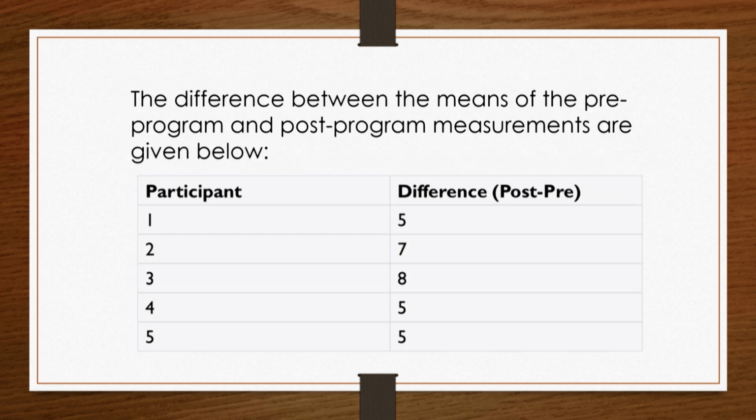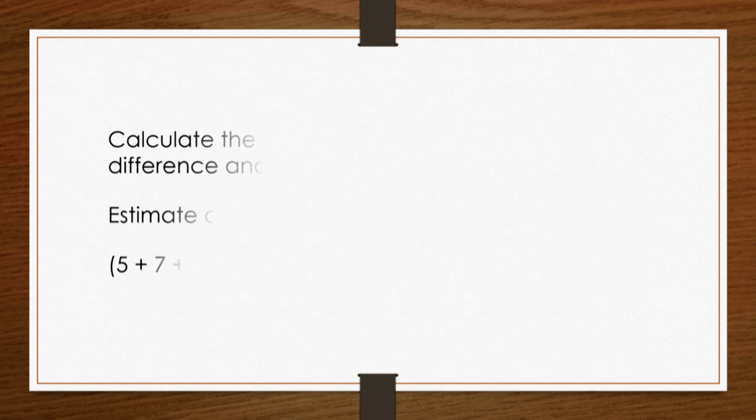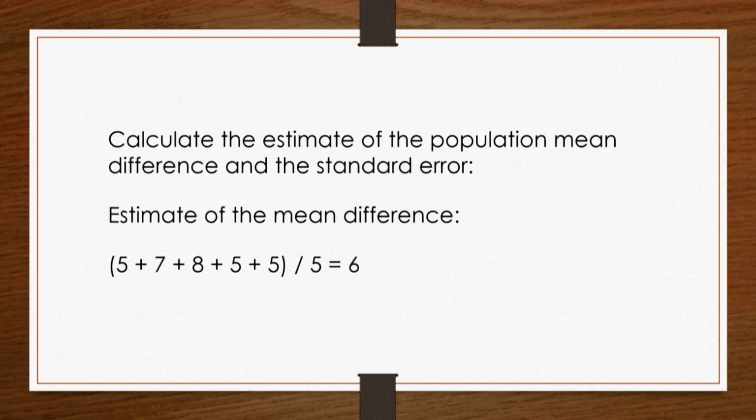Here, the differences between the pre-program and post-program measurements for the 5 participants are listed. We can calculate the estimate of the population mean of the differences and the standard error.